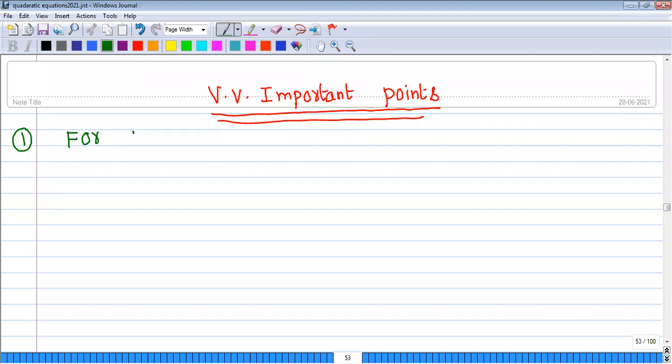For ax square plus bx plus c equals 0, first consider this one.